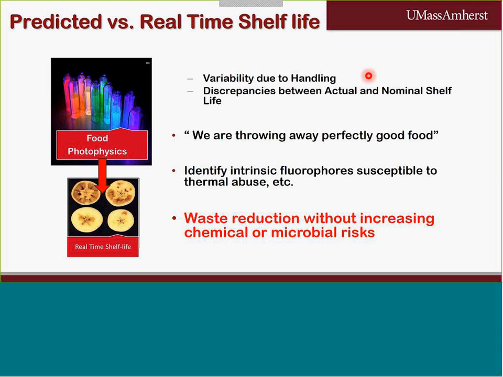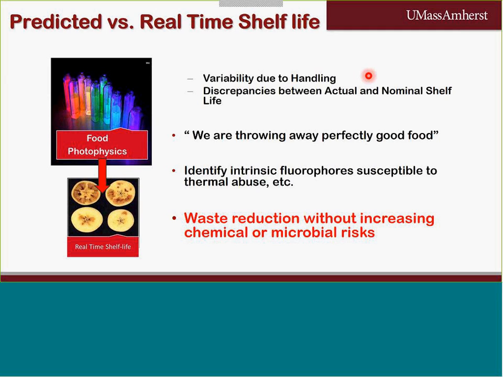If we could identify fluorophores susceptible, for example, to thermal abuse or to changes related to safety concerns, we could reduce waste without increasing chemical or microbiological risks by following what happens in real time in our food.